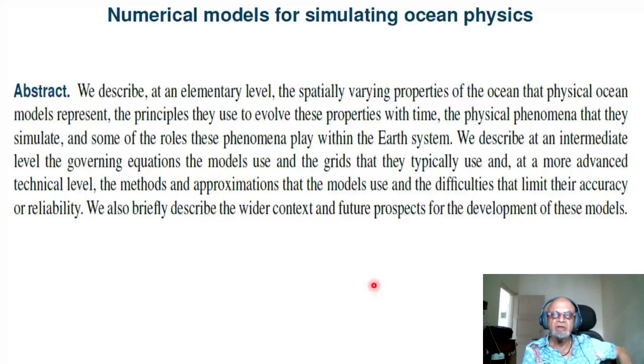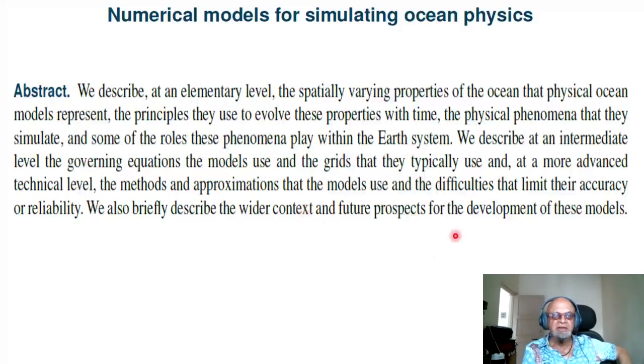What are the numerical models for simulating ocean physics? It's a bit general, but still we know that at an elementary level the spatially varying properties of the ocean that physical ocean models represent, and the principles they use to evolve these properties with time, the physical phenomena that they simulate, and some of the roles of these phenomena played within the Earth system are described in this chapter.